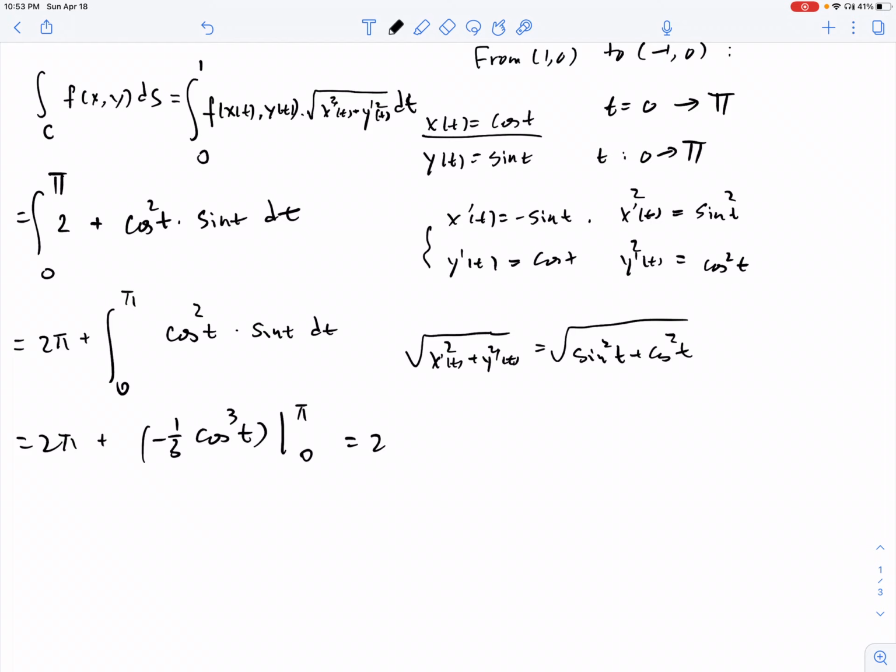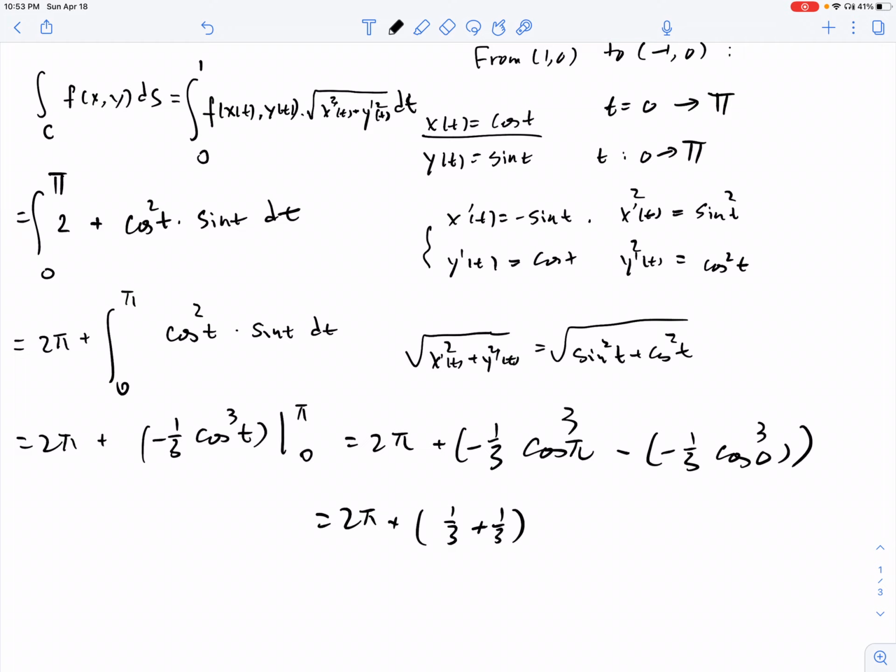So this is 2 pi plus negative 1/3 cosine pi cubed minus negative 1/3 cosine 0 cubed. Then we will have 2 pi plus 1/3, because cosine pi is negative 1, and the next one is again 1/3. So we have 2 pi plus 2/3. Okay.